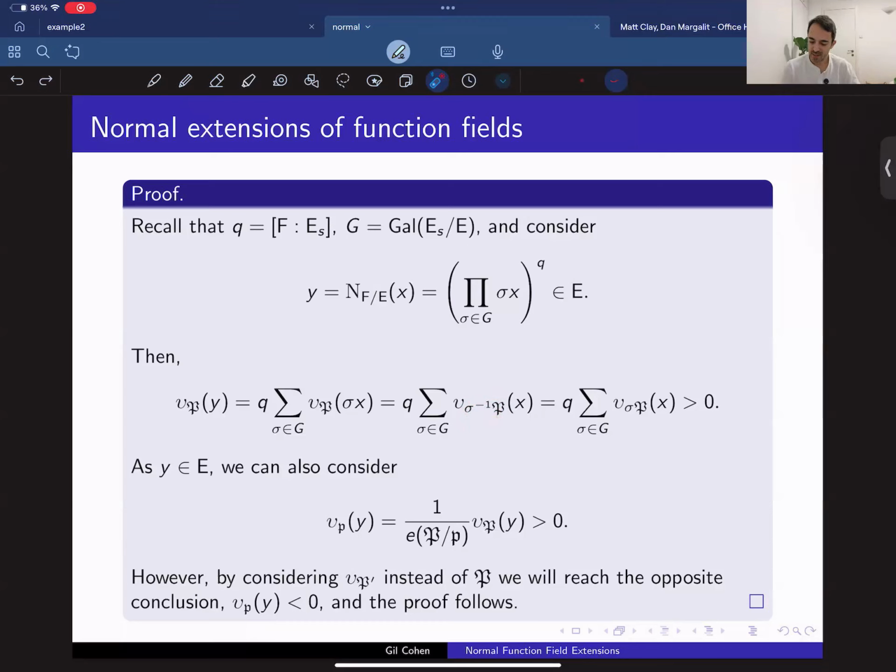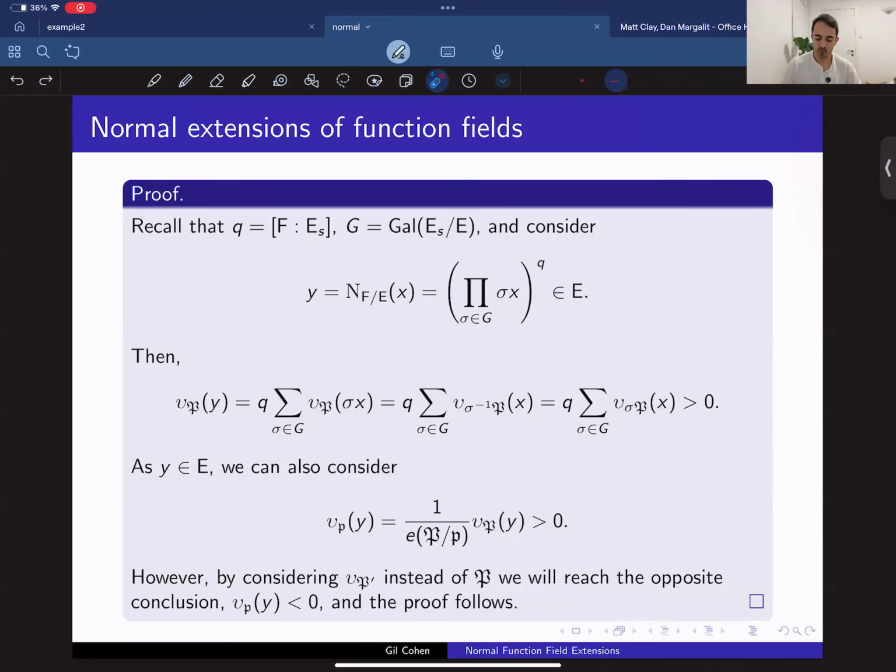The reason I want to write it like that is because I want to see an X here, because of the requirement from the weak approximation theorem. But anyhow, if you go over all sigma in G and do this, then it's the same thing as going over all sigma in G and doing sigma capital P, because you just move around the orbit of capital P one way or another.